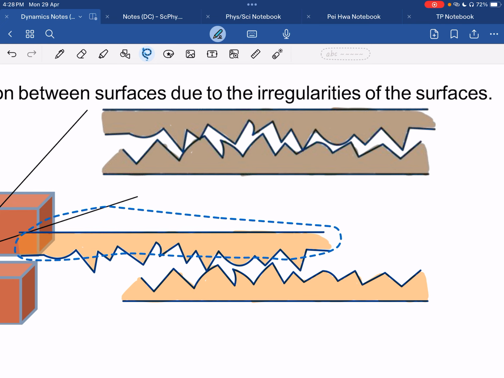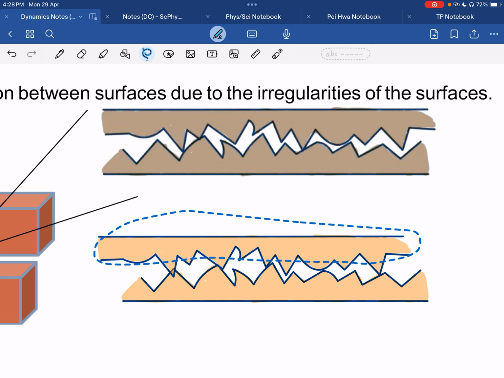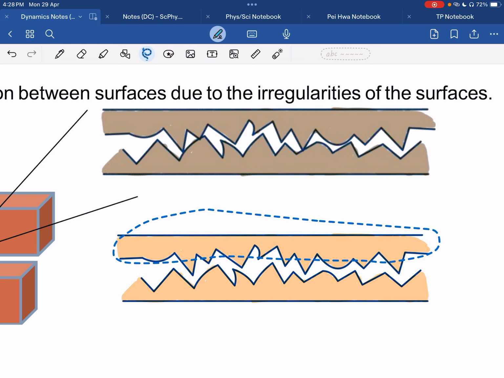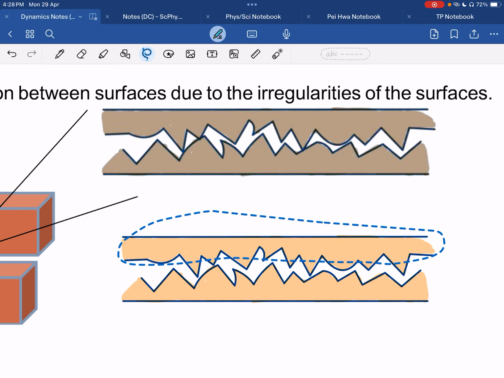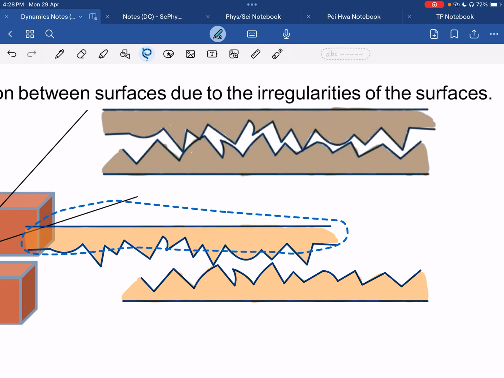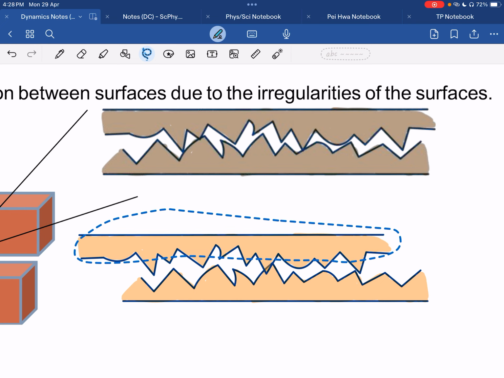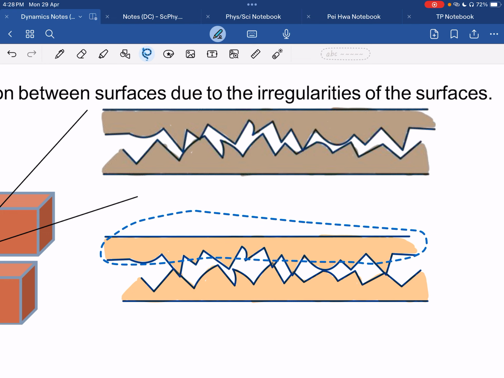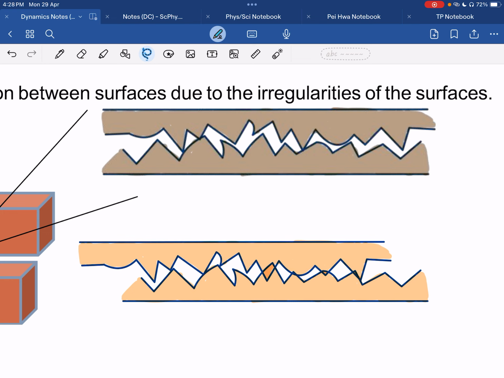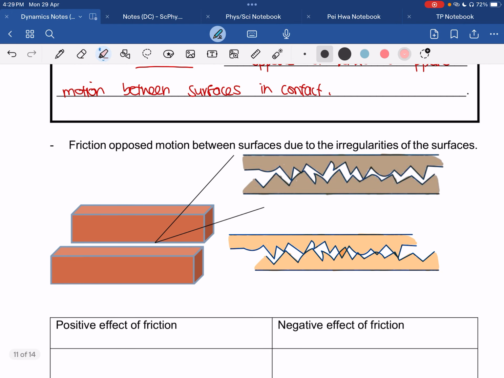Each of the jagged edges will push against the other jagged edges as well. This will create a resistant force, whereby if I'm moving this object from left to right, the other block will exert a force towards the left to oppose its motion. So this is friction. It happens due to the irregularities of the surface.